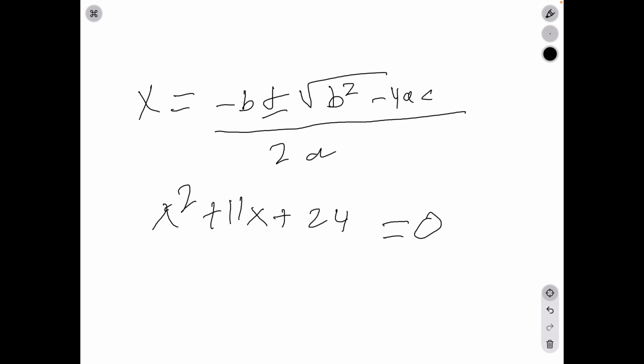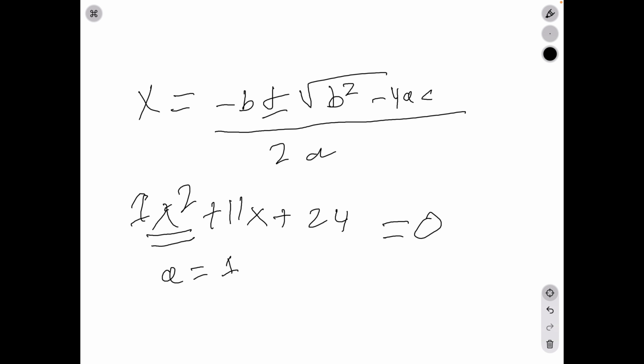Okay, first thing you need to know, the number a is equal to the number in front of the x squared. If there's not a number in front of the x squared, then you can just assume that the number is 1. So for this quadratic equation, a equals 1.